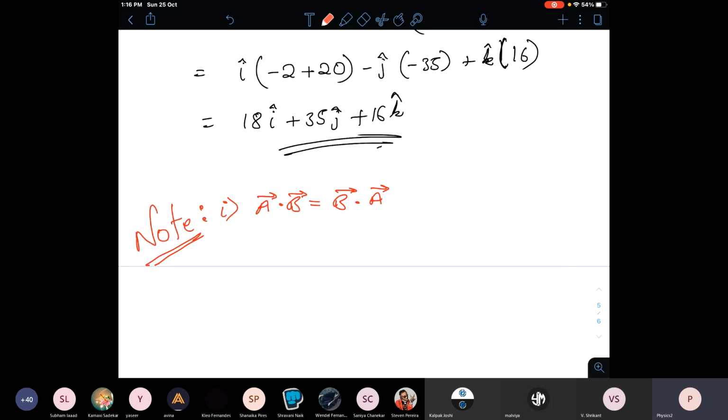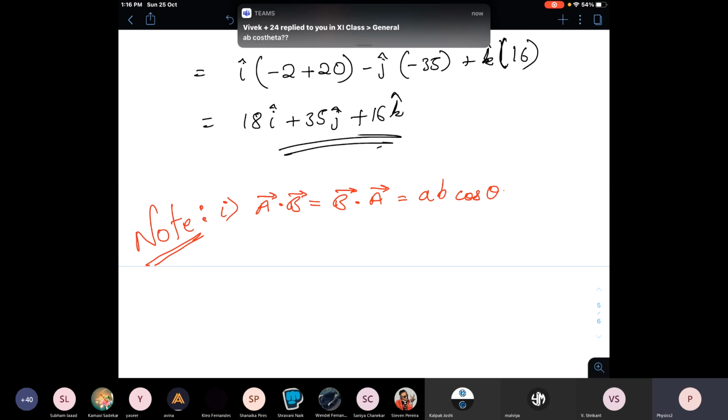So A dot B or B dot A, both have the same value, equal to AB cos theta. Sorry, cos theta, not sin. Both have the same scalar value, AB cos theta.